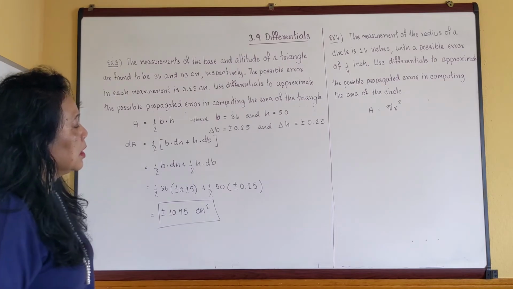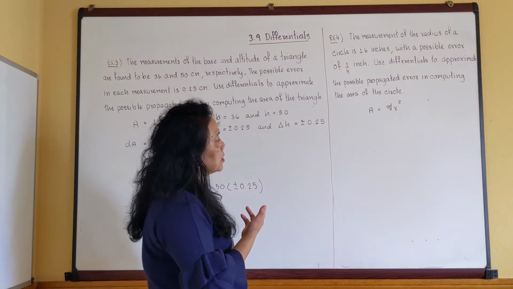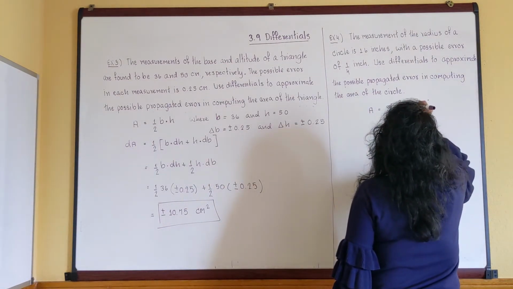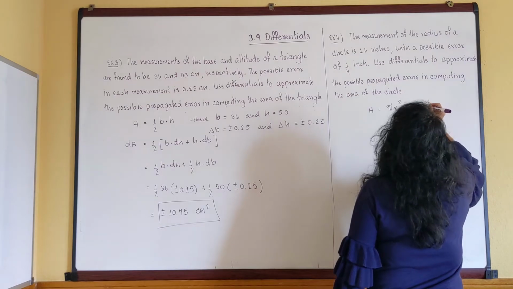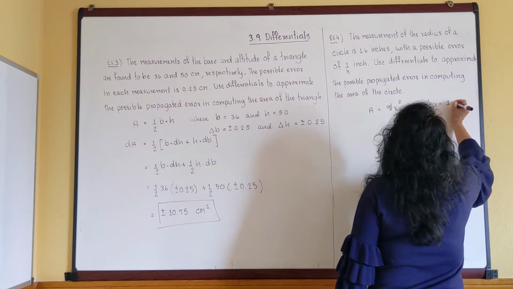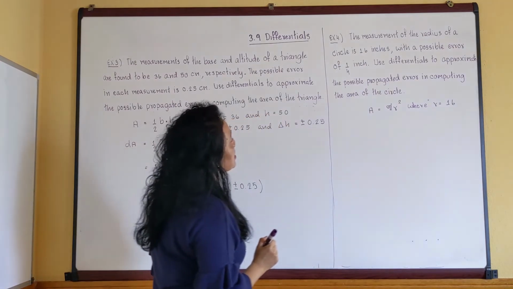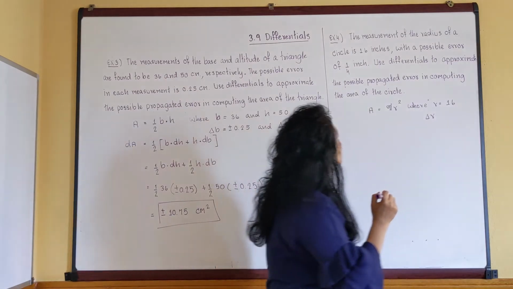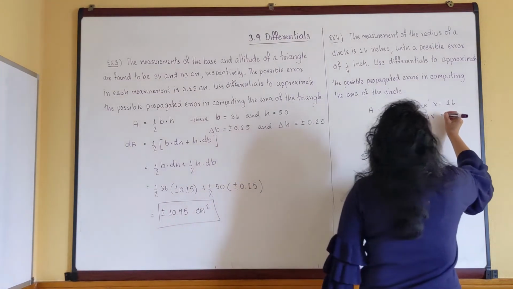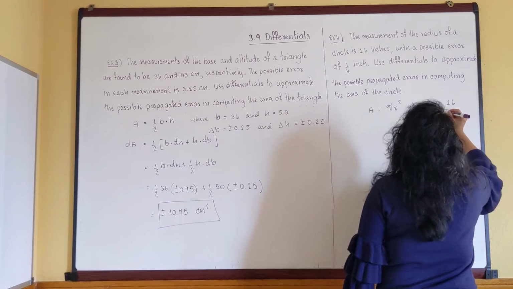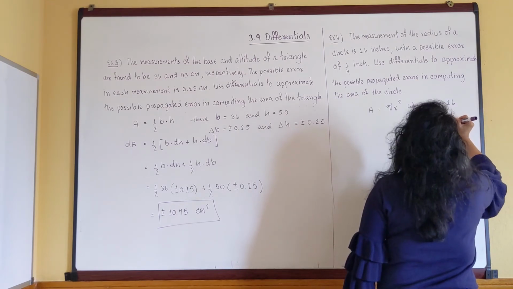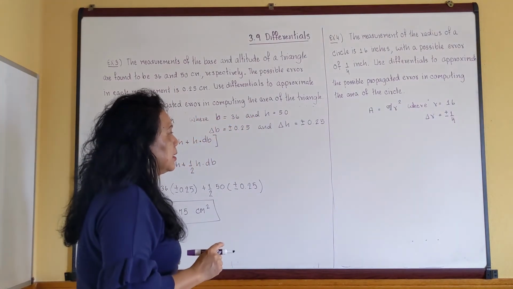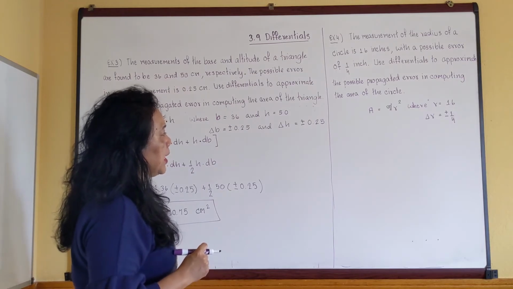So the formula for the area of a circle is pi r squared, and the given radius is 16, and the change, delta r, is not an inch, but 1/4 inch. All right. So they want to see what is the error of the calculated area.